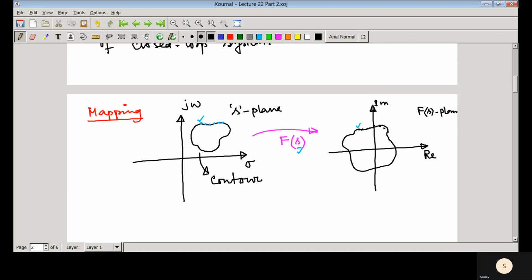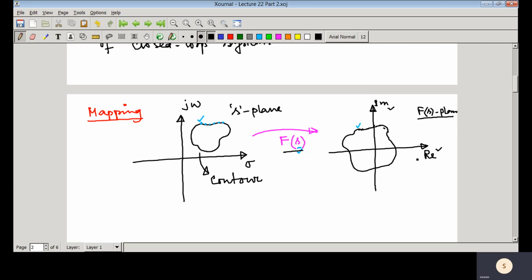What we are trying to understand in this result is that whenever we have a contour in the complex plane, and we map that contour via a single valued function F(s), with the F(s) plane having real and imaginary parts, the contour is again mapped in the F(s) plane as a contour.